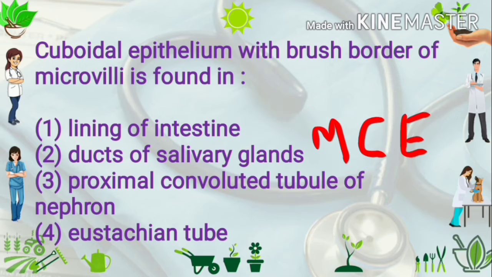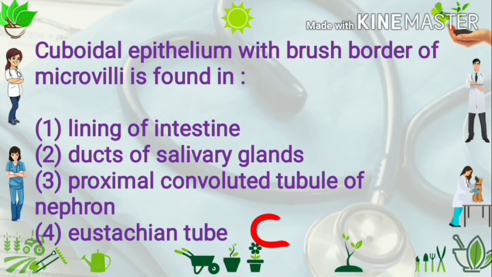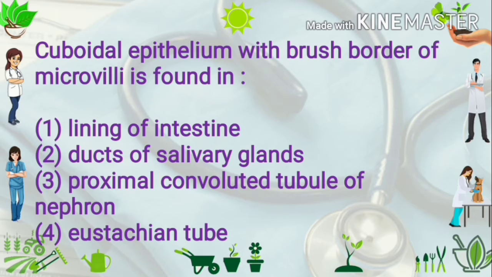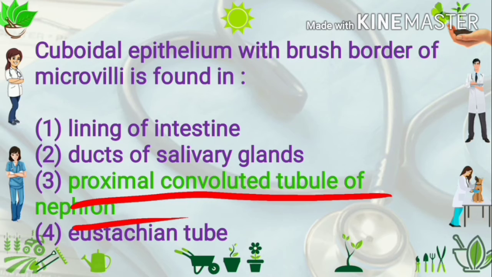Ducts of salivary glands are lined by multi-layered compound epithelium, which are cuboidal. Whereas in the case of eustachian tube, it is ciliated columnar cells. So the correct answer is proximal convoluted tubule of nephron.